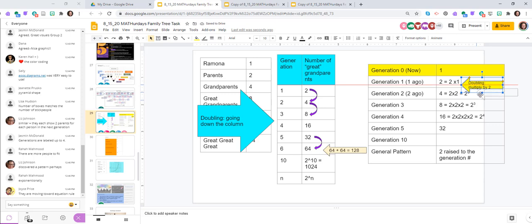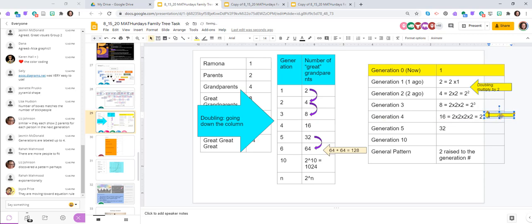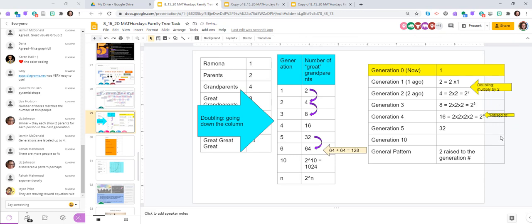So you saw doubling by multiplying by 2, and I also heard another thing there. What does raised to mean? That's the exponential notation. All right, so we have this little exponent up here, and we heard the term raised to. Wonderful.